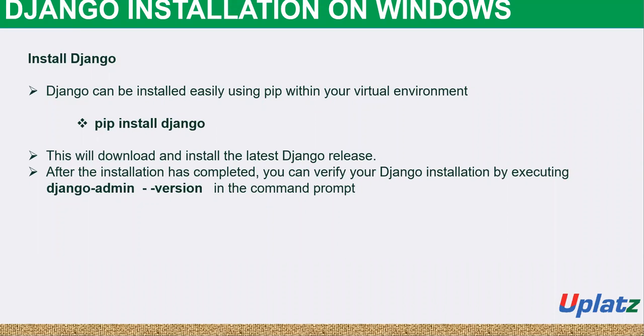So first of all, before starting with the project, applications and server, we need to install the Django framework. If you want to install the Django framework in our machine, we should go for the PIP tool: pip space install space django.